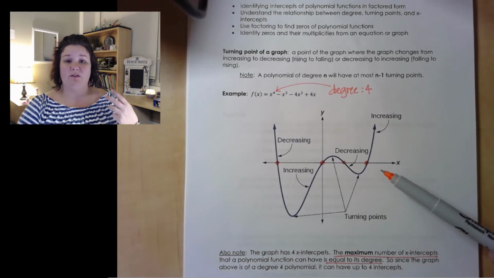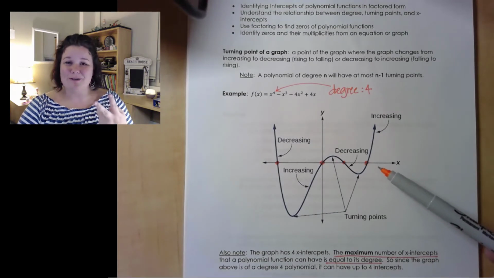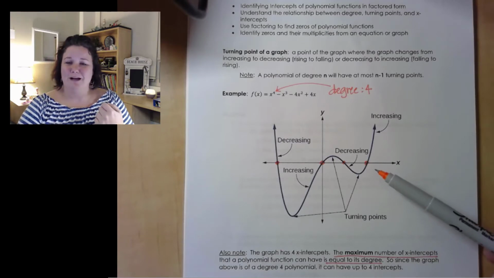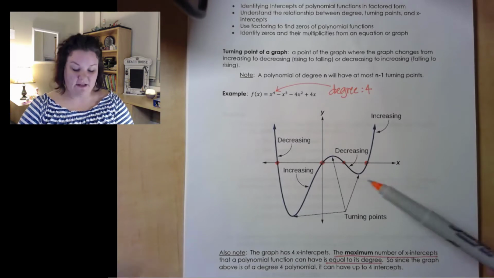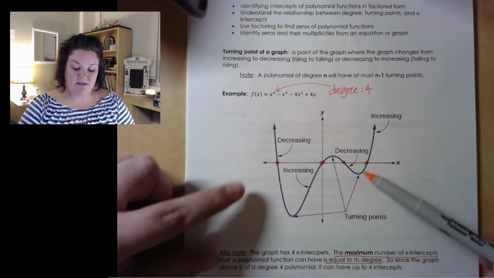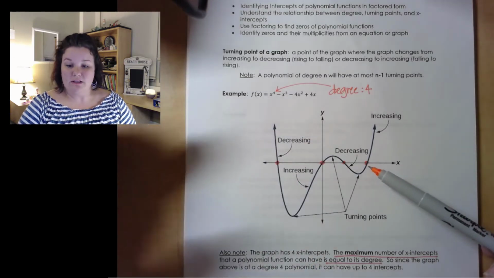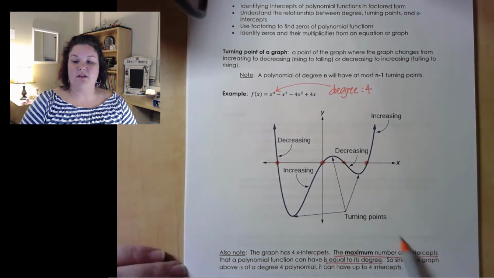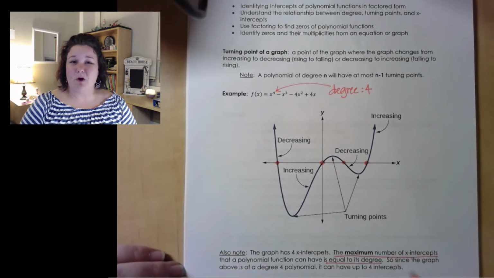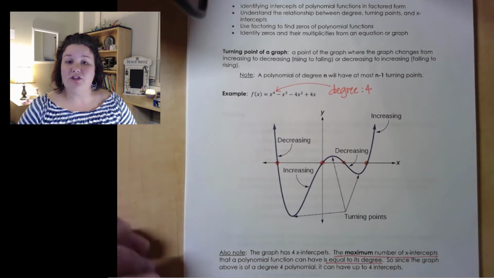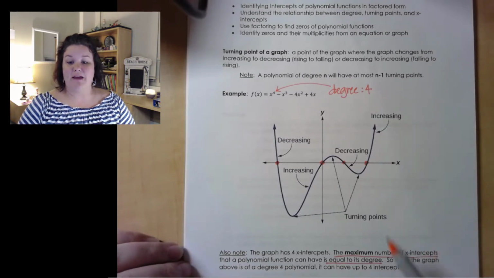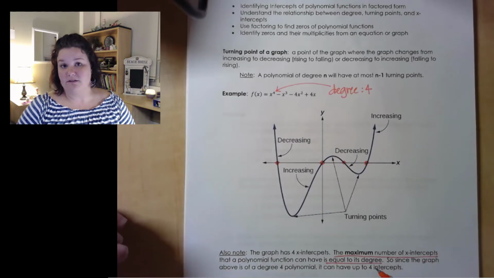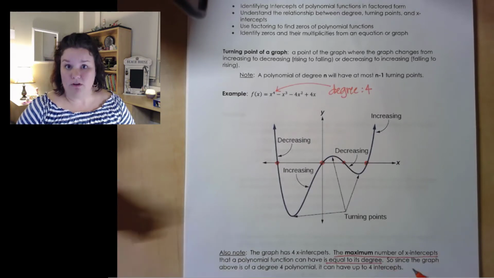Now, it could be possible that we only have 3 intercepts, or 2, or 1, or no intercepts, depending on what this factors into. But for this specific example, we had all 4. This is a really important thing to note that will help us work these problems and know how our graph should look: if we have a degree 4, we should have a maximum of 4 intercepts. We could have less, but we're not going to have more than 4.